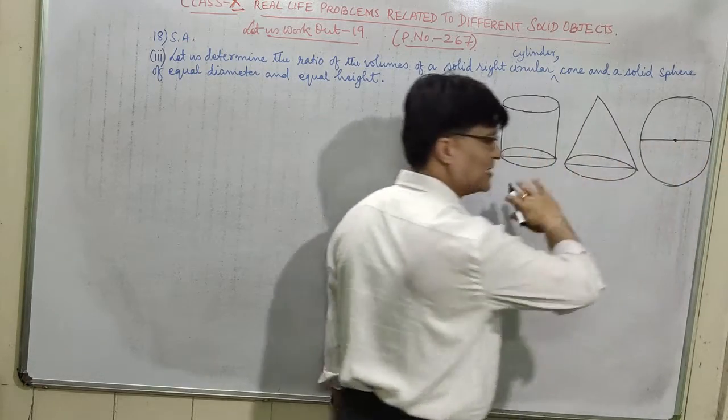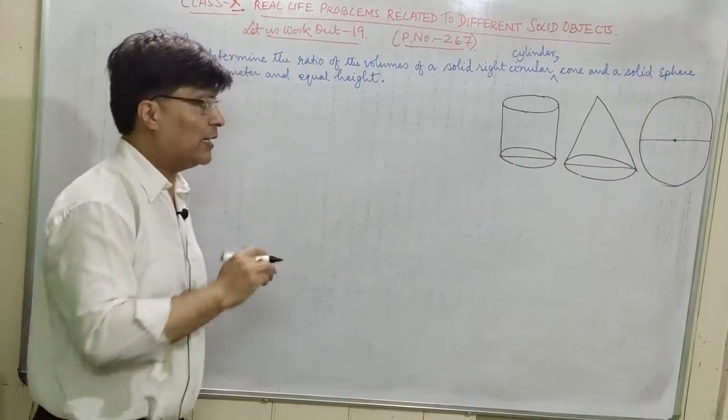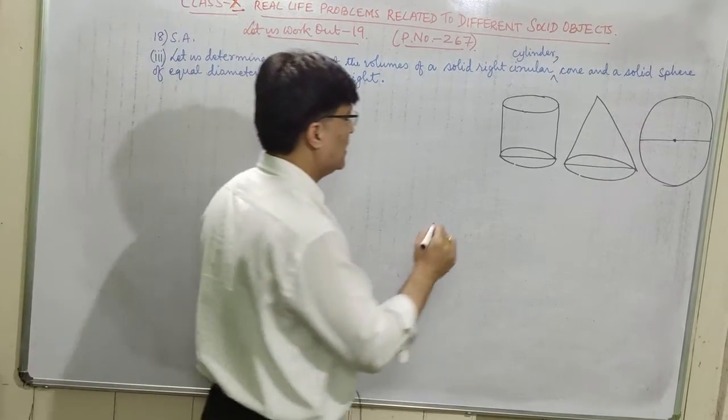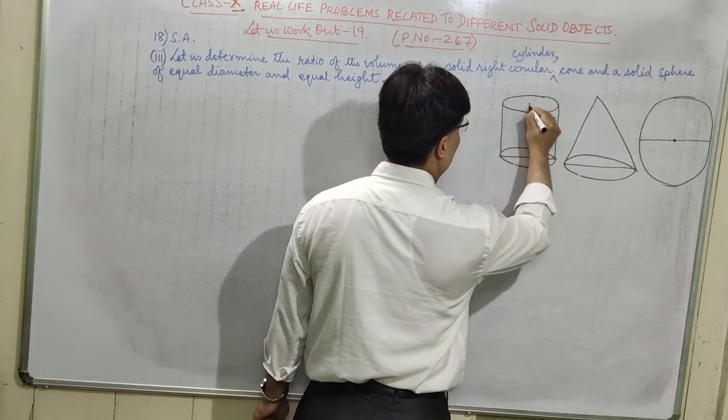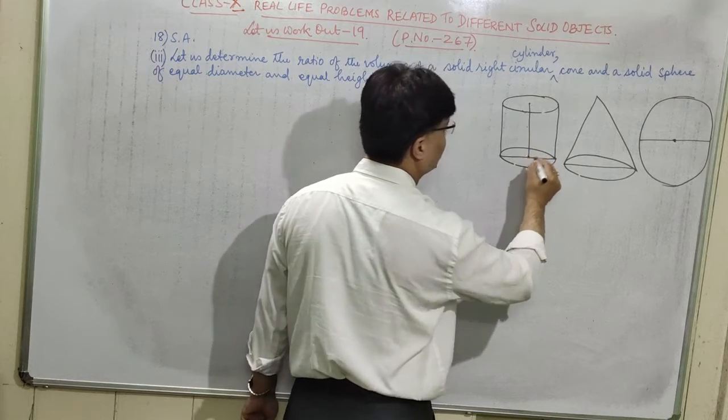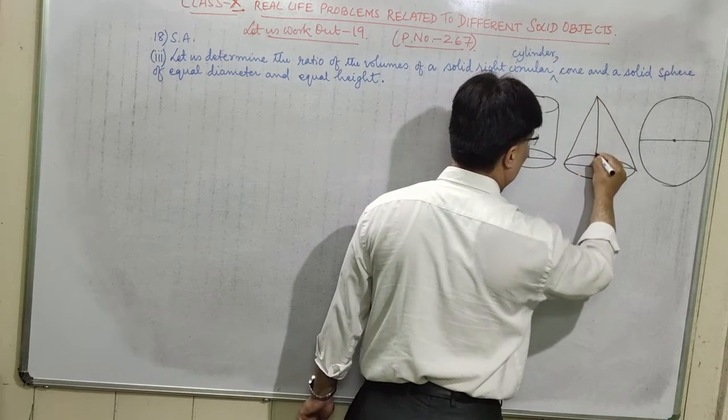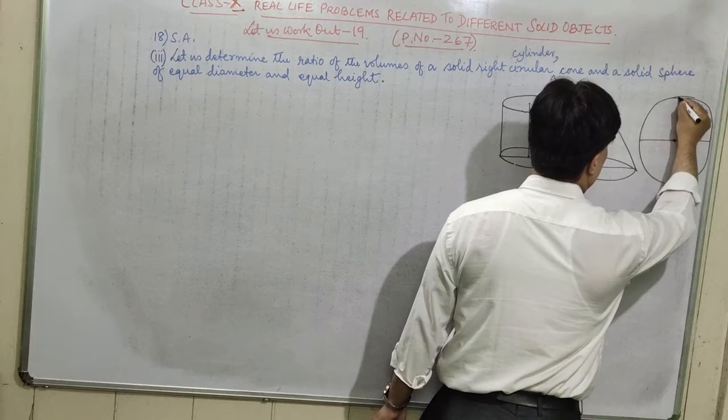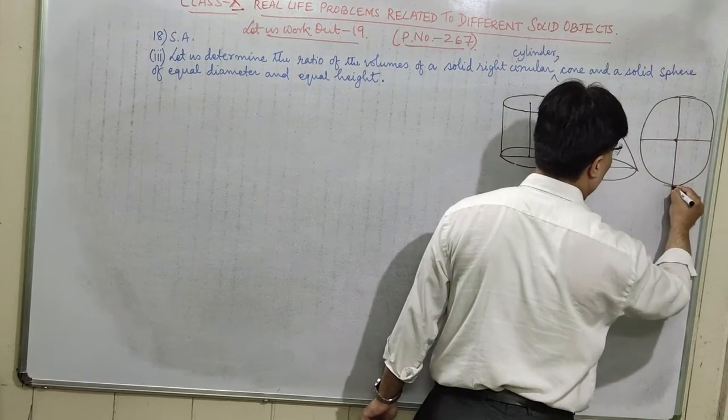They have got the same equal diameter and they have got the equal height. Equal height means this is the height of the cylinder, this is the height of the cone, and this is the height of the sphere.